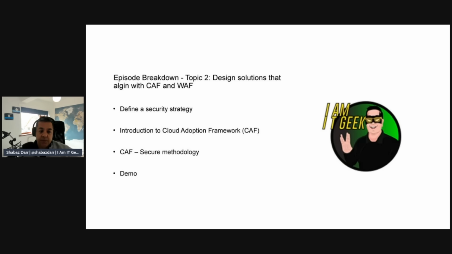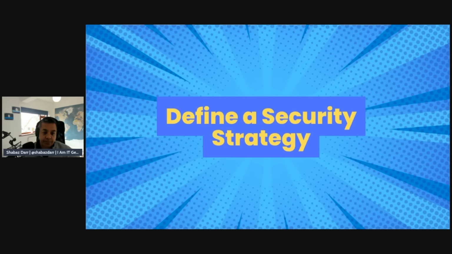In this episode, I'm going to talk about defining a security strategy. Then I'm going to do a bit of an introduction to the CAF, the Cloud Adoption Framework, and then talk about the secure methodology. Then we'll go into the demo, go into the Defender console, and have a look at what features are in there that help us with our design decisions.